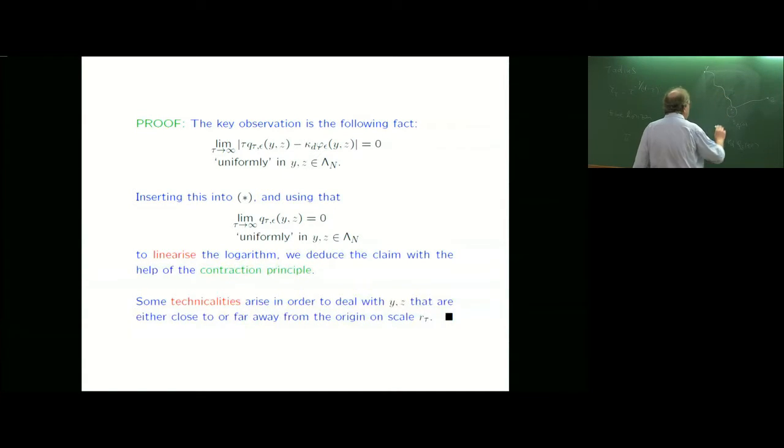So the probability that this event is going to happen in this Brownian bridge YZ is approximately given by this expression.